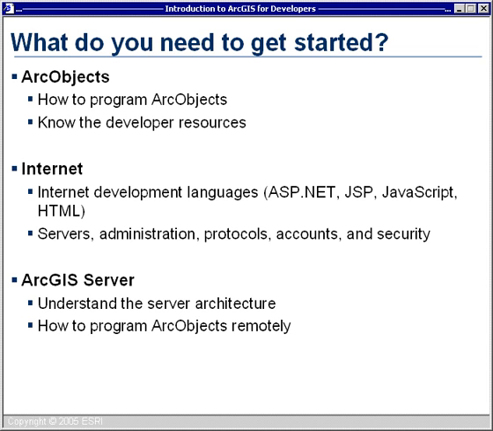Being a server solution, you or someone in your organization will need to understand Internet programming languages such as ASP.NET on Windows or JSP for support on Linux or Solaris. There are also several server configuration options for administering the accounts, protocols, and security that you'll need to take into consideration. And always remember the architecture of ArcGIS Server and that you're now working with the same core set of ArcObjects, however, you're programming remotely against them.